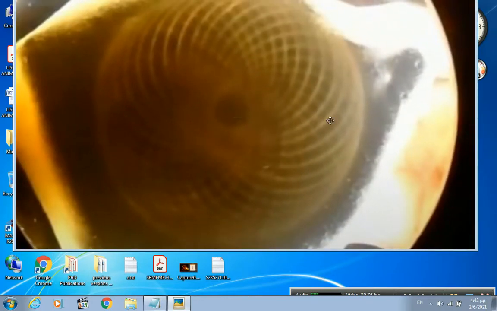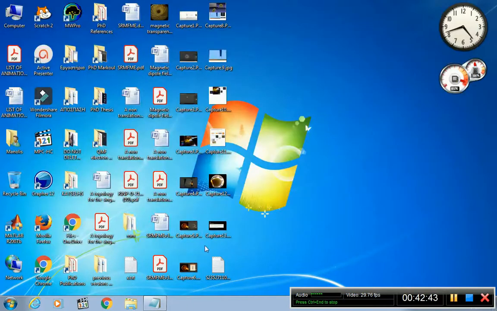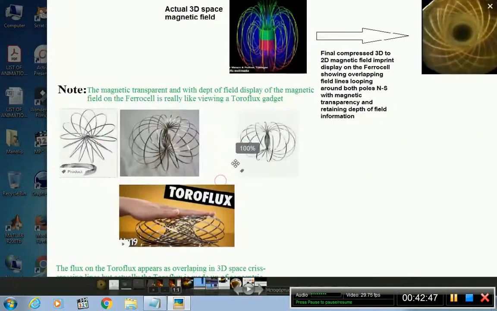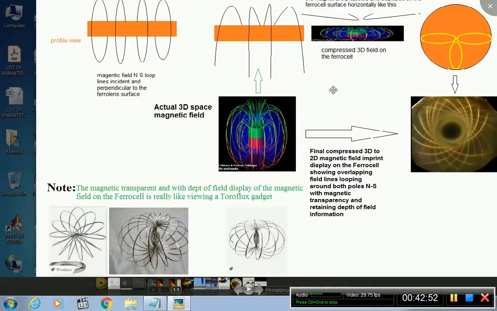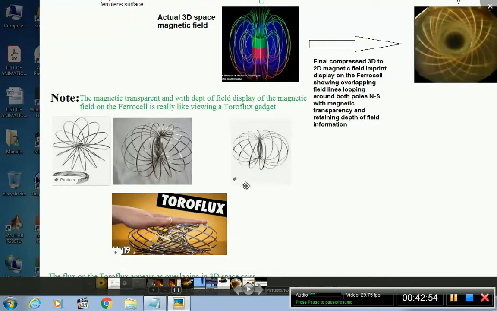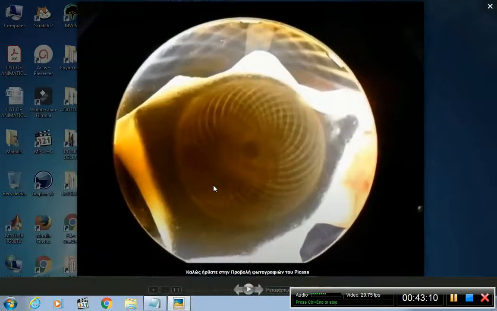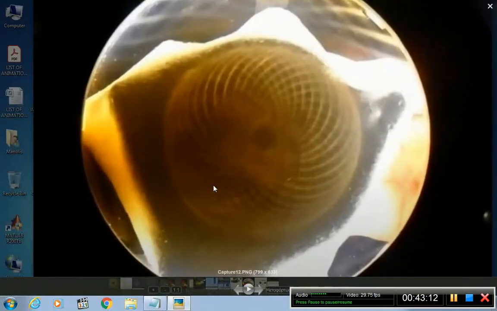Because it is compressed in the thickness of the lens, we see this torus, with overlapping lines crisscrossing, but they are not actually crisscrossing, they are just loops. And you can see this very beautiful field of the whole torus field of the magnet.